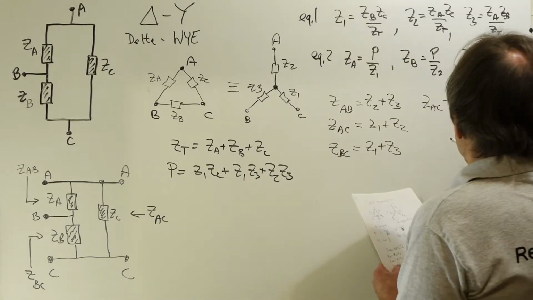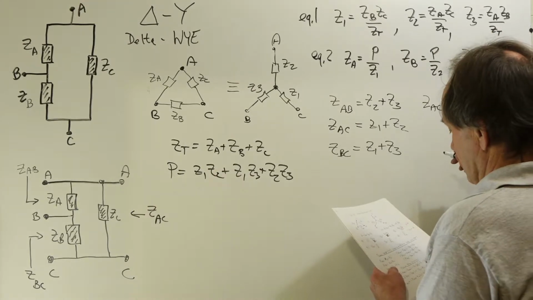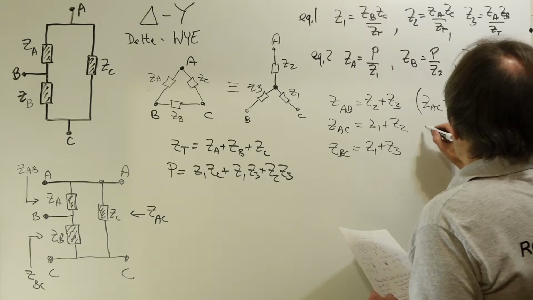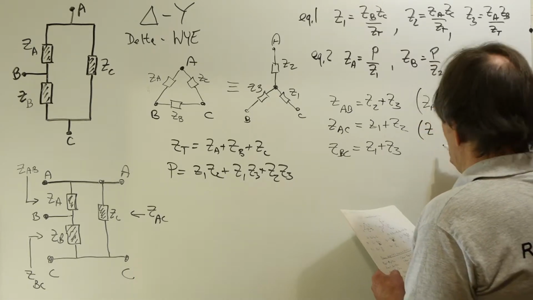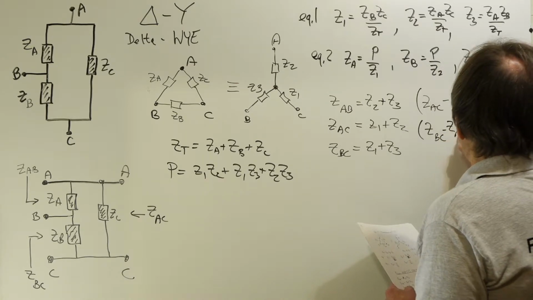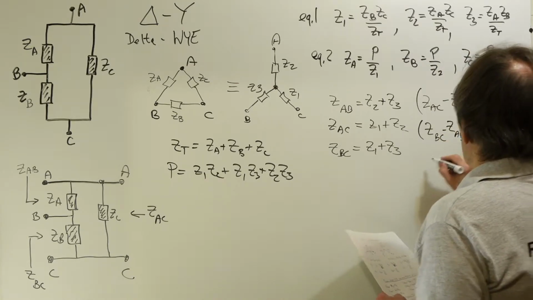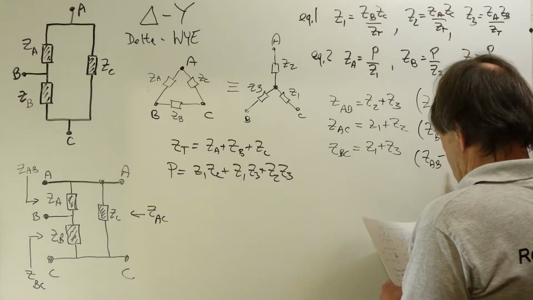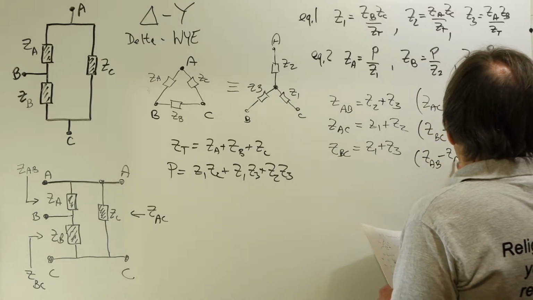And likewise, I can take ZBC and subtract ZAB, and I can take ZAB and subtract ZAC.